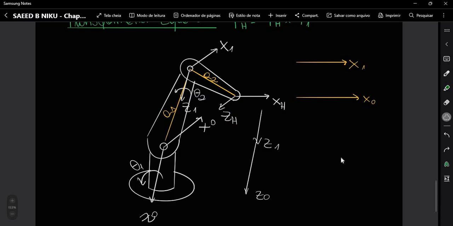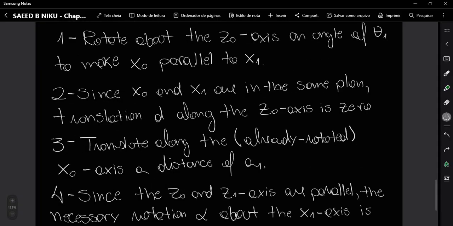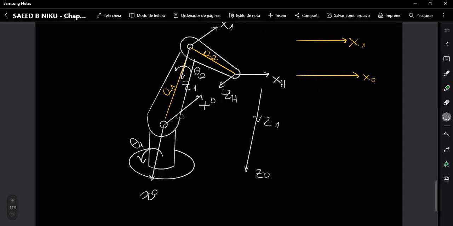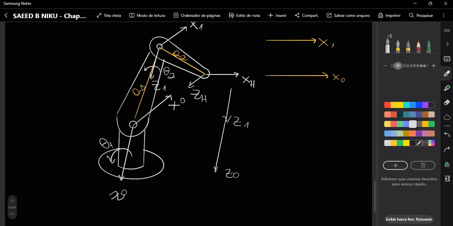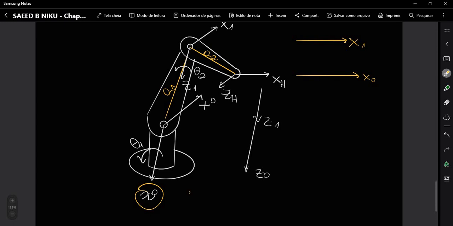About the second motion, which says that since x0 and x1 are in the same plane, a translation d along the z0 axis is 0. If you can notice, z0 is right here. Let me again change the color. So z0 is right here, and z1 is right here. Right here is the axis of z0. Right here is the axis of z1.